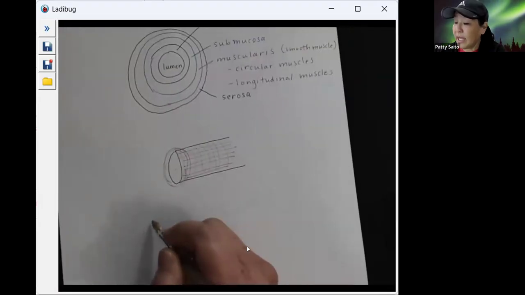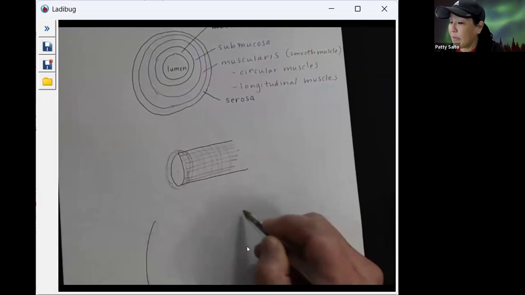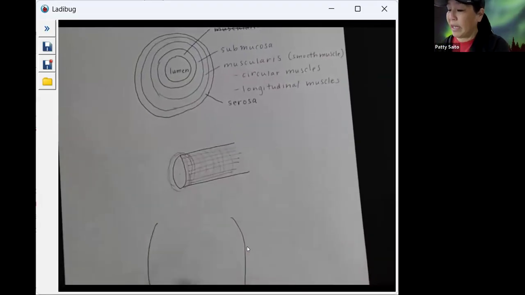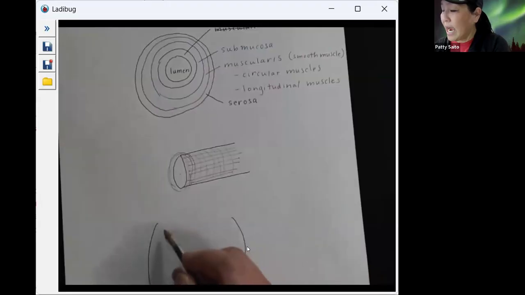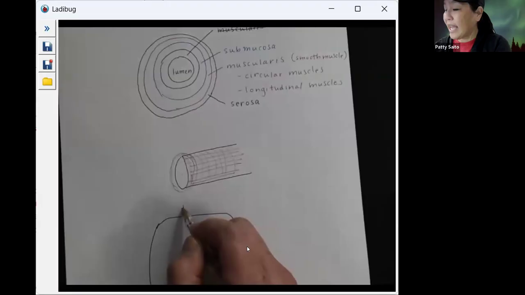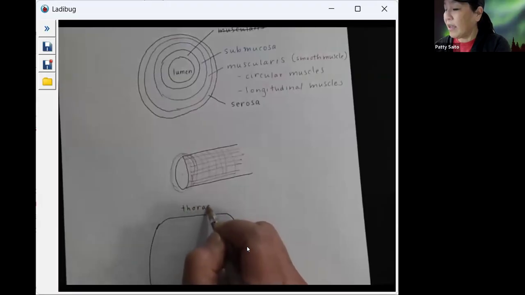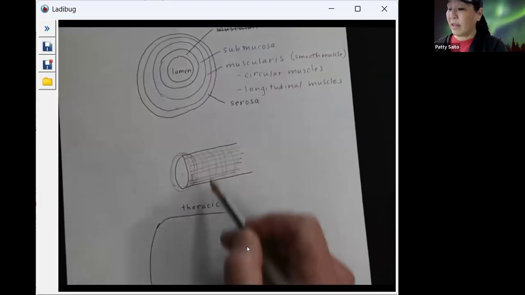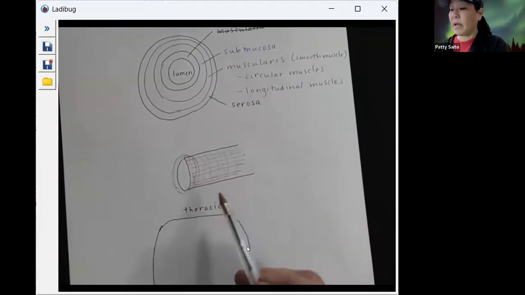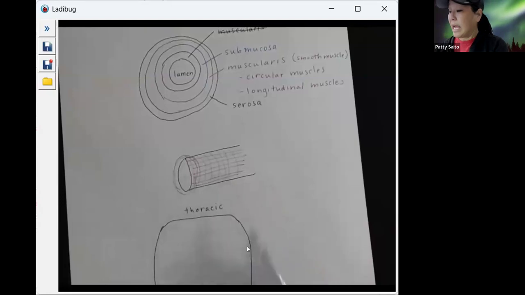if we look at the abdominal pelvic cavity, so here's the abdominal pelvic cavity, and we have the diaphragm, which is located here, right? So here's the thoracic cavity, right? Where the lungs and the heart are. So the pericardium, the pleura is located up here.